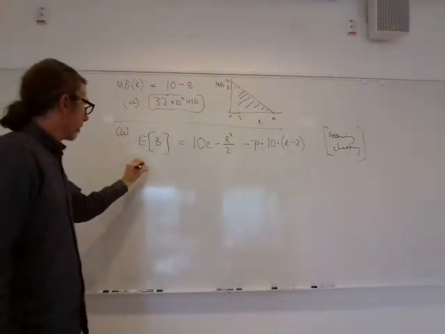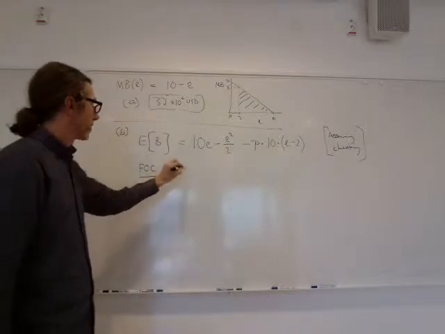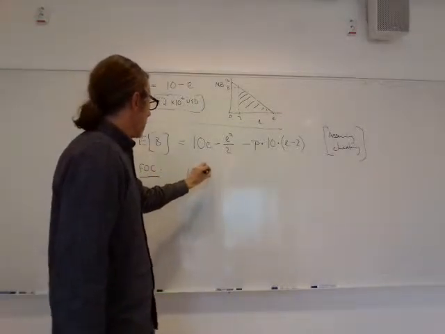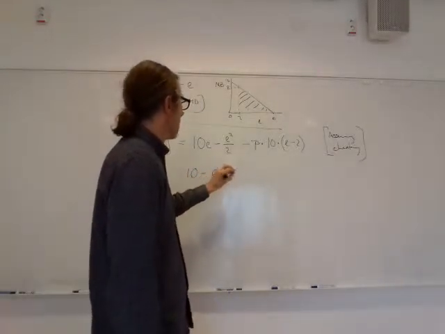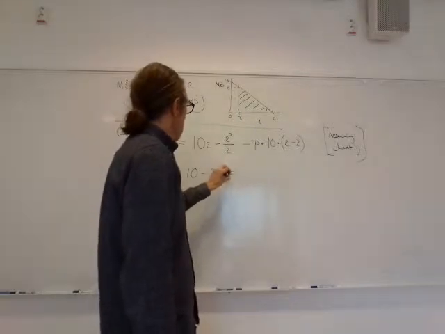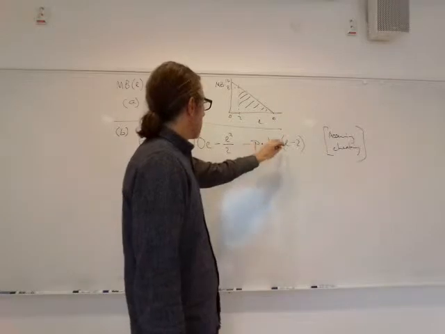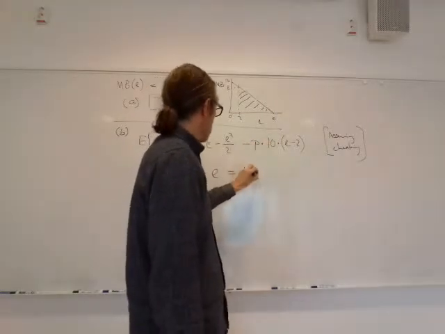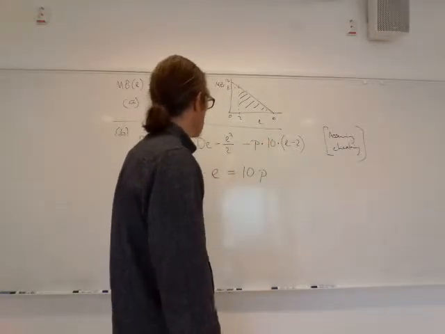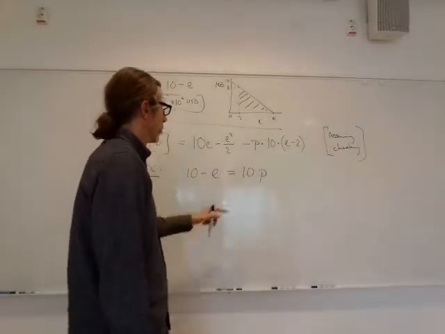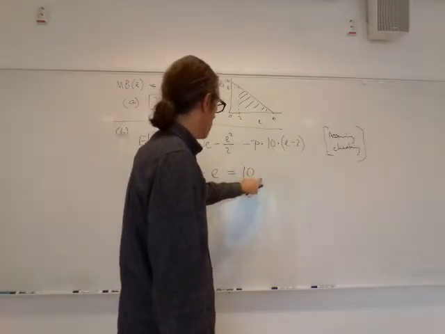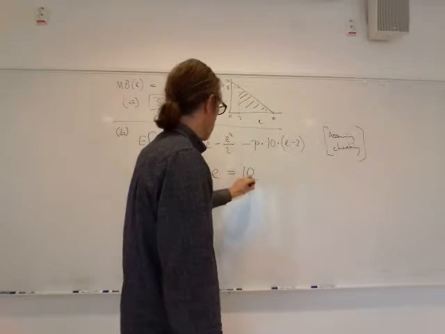So then the first order condition gives us 10 minus e equals 10p, isn't it? Oh, and p is just 0.01, so 10 over 100.